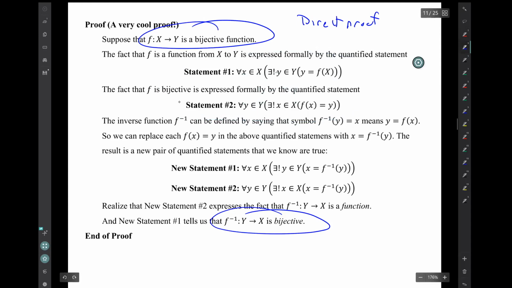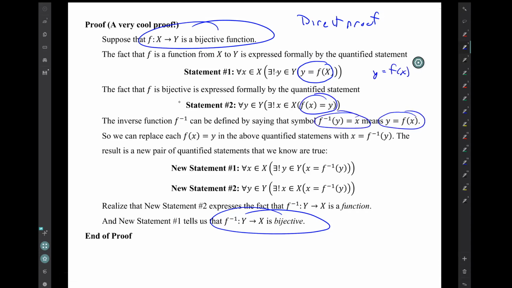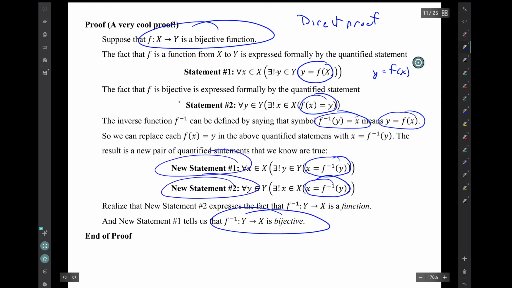Notice that both of them contain this symbol. This should say y equals f of x here. Now that symbol means the same thing as this symbol. So we can just swap out those symbols and replace them with this new symbol, because those mean the same thing. So I get new statement 1 and new statement 2 using these symbols.